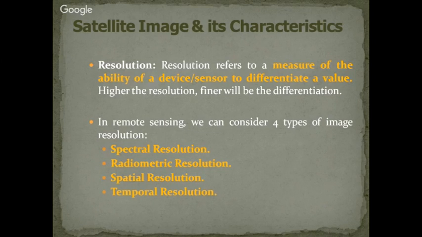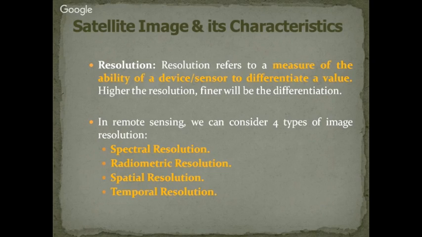Now, another important aspect of satellite image interpretation is to know the different resolutions pertaining to satellite images. A resolution is usually defined as the measure of the ability of a device or a sensor to differentiate a value. Higher resolution will give us finer details.